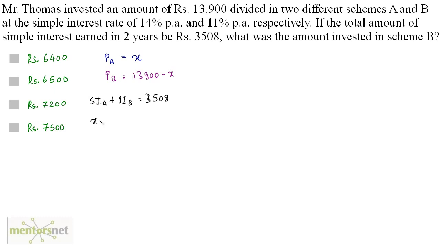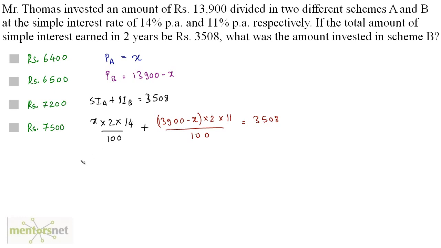P is X times N is 2 years times rate is 14% in scheme A. So 14 upon 100 plus in scheme B the principal is 13,900 minus X times N is again 2 times the rate is 11%. So 11 upon 100 is equal to 3508.